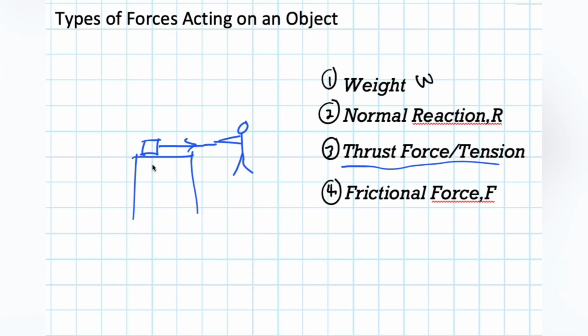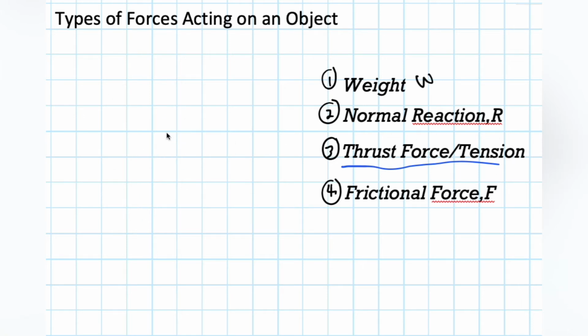When we look at this diagram right here, we can notice that the box is being pulled towards the right. Hence, the thrust force, or in this case, because it's the string, it is the tension force, will be towards the right. So the thrust force is used usually for an engine, like for example a car. The tension will always be used for a string.